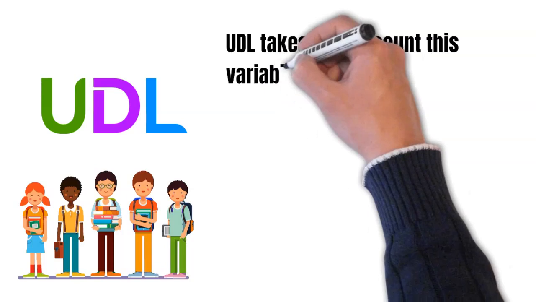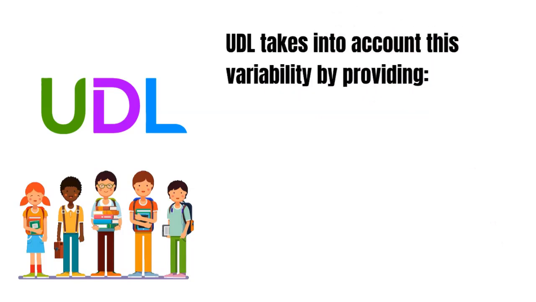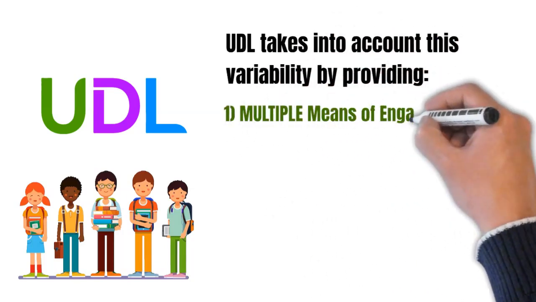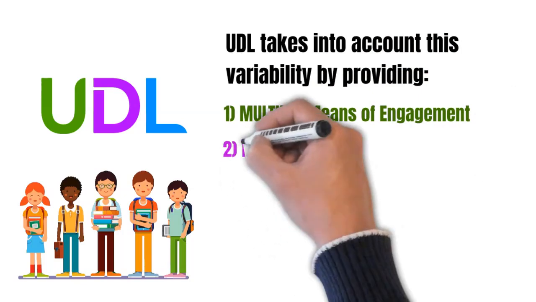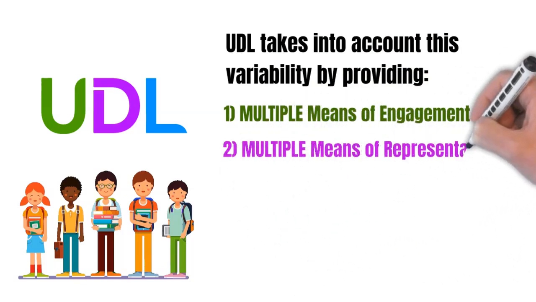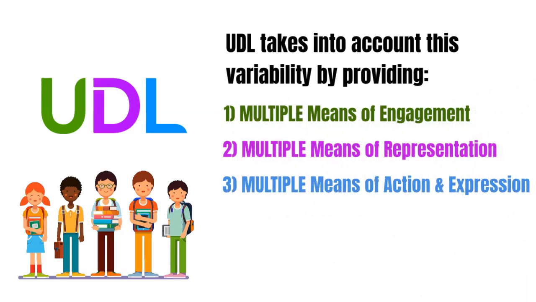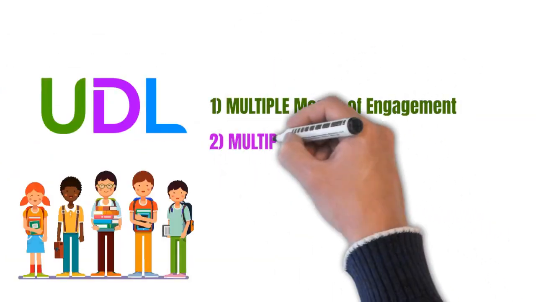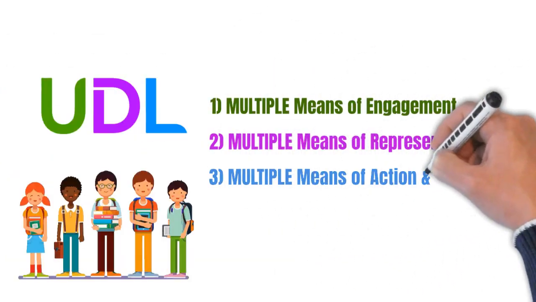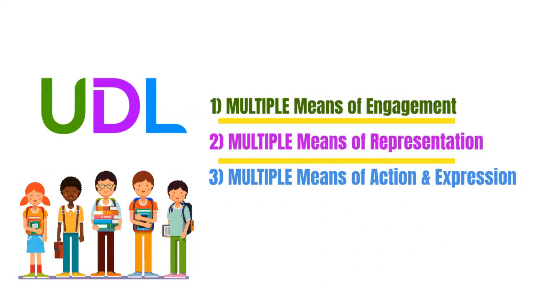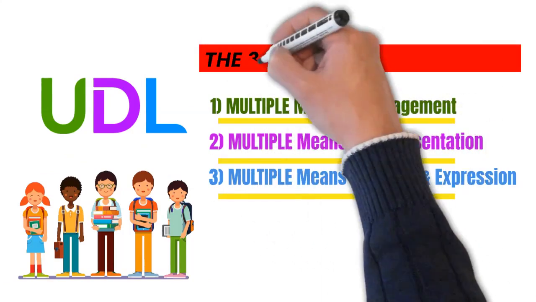UDL takes into account this variability by providing multiple means of engagement, multiple means of representation, and multiple means of action and expression. These multiple means of engagement, representation, and expression are the three core principles of UDL.